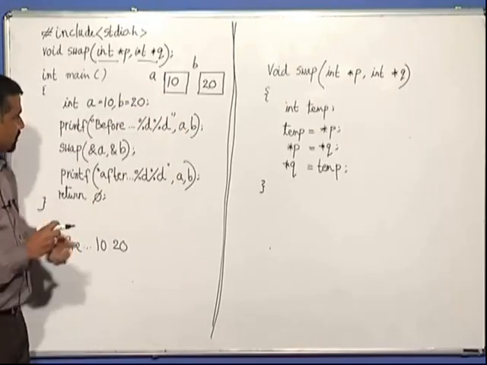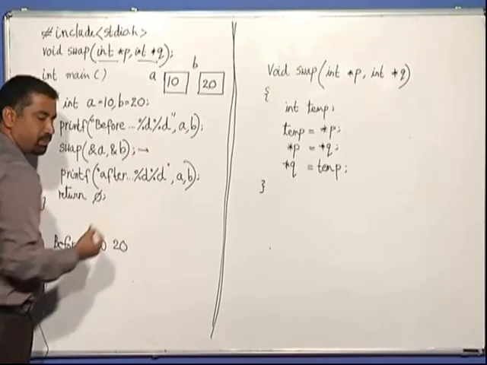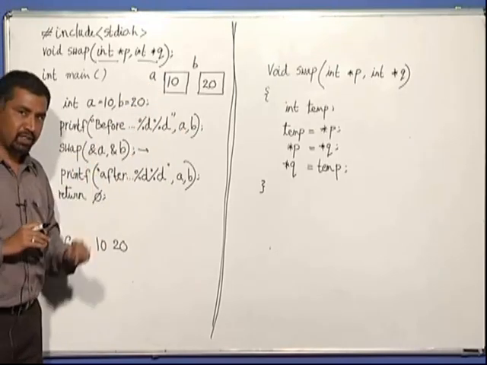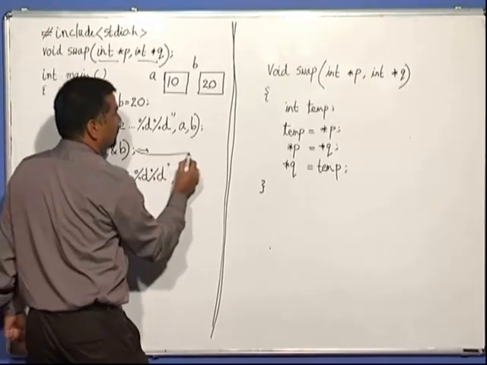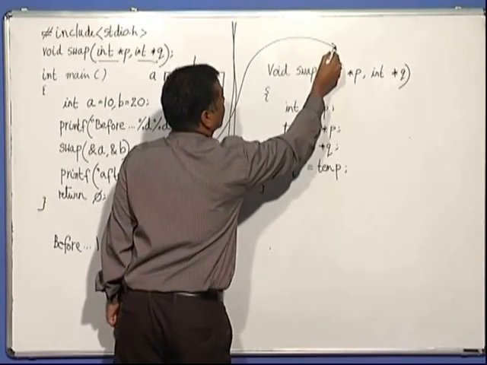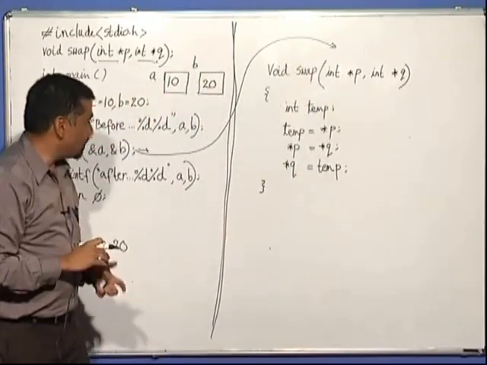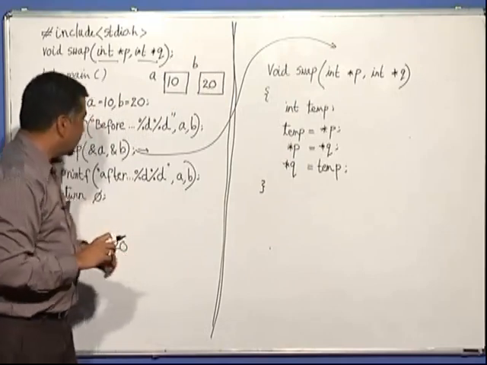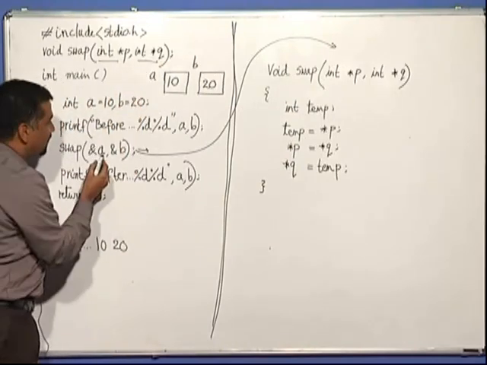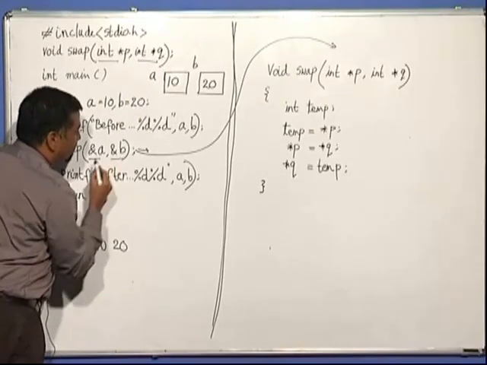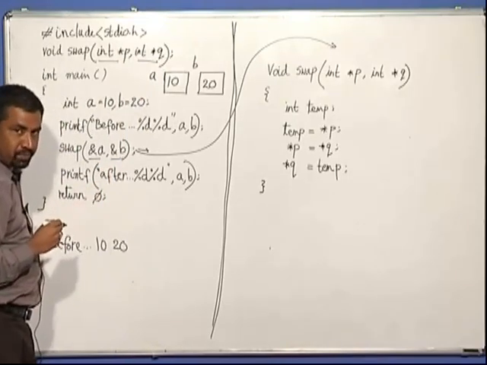Then the control goes down and there is a function call. So this is where we have to understand clearly what happens. At the function call, we all know that the control jumps here, but before taking the jump, let us look at the actual arguments.